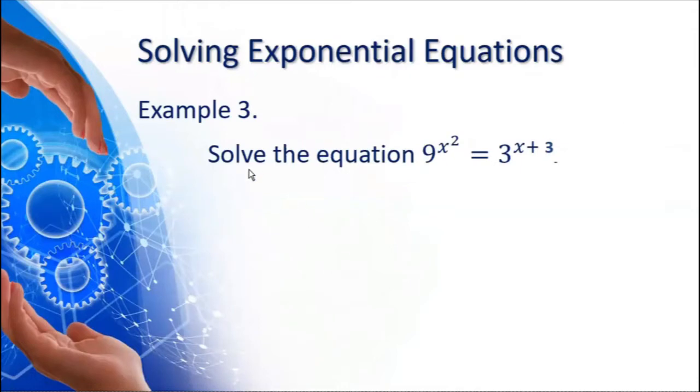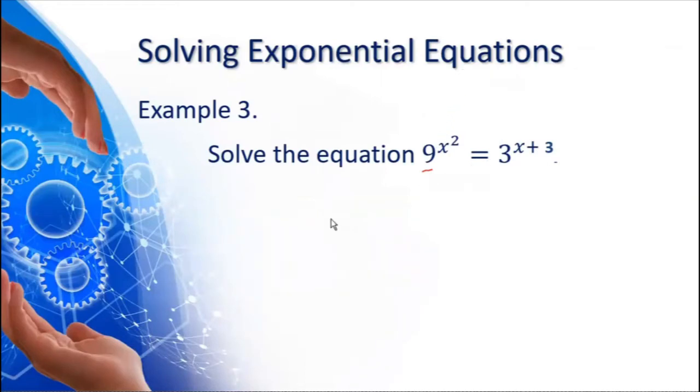Solve the given equation: 9 raised to x squared equals 3 raised to x plus 3. Again, our guideline is that we must meet the one-to-one property of exponential functions. In this case, you will notice that our bases are different: one is 9 and the other is 3. But 9 can adjust. Take the root of 9, which gives the same base as 3, then put an exponent on it.